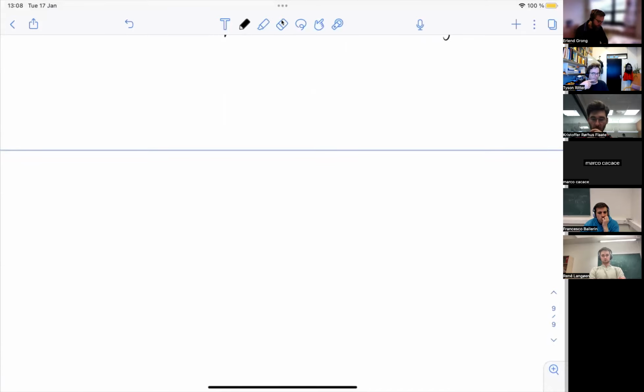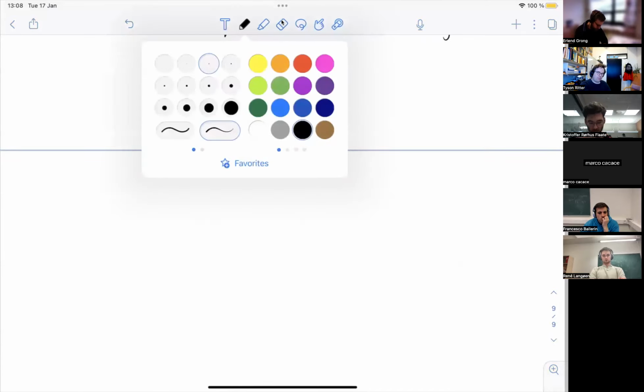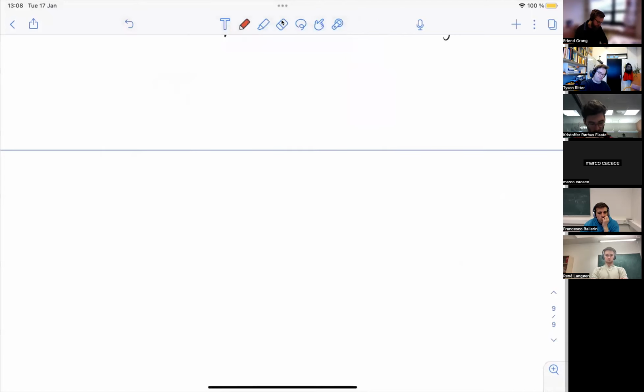Now let's do the counterexample. What is not a matrix subgroup?